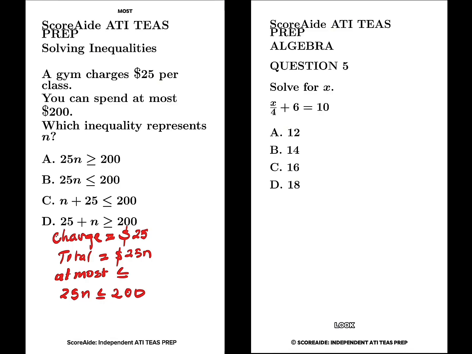At most. So this means that n would be less than or equal to what? 8, right? So with $200 you can do a maximum of what? 8 classes, right? So the answer is going to be B, right? B.